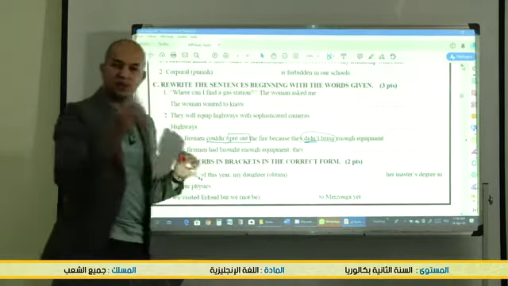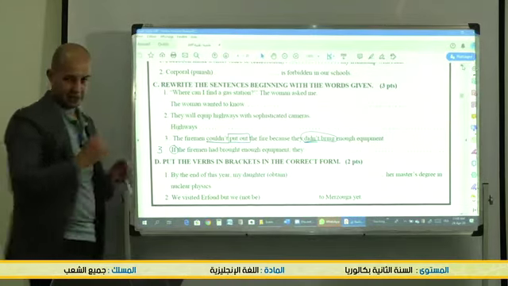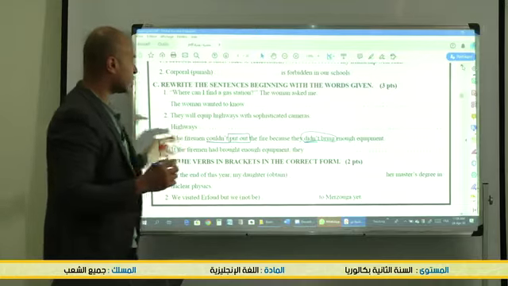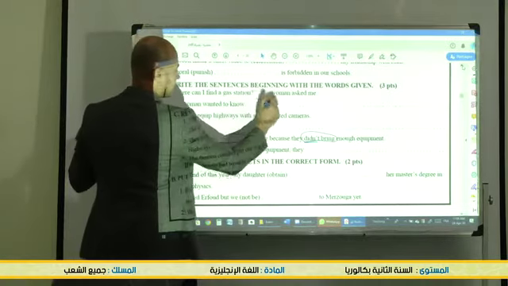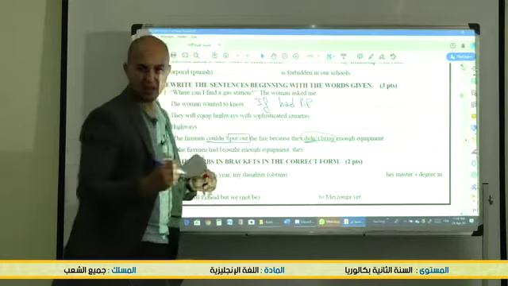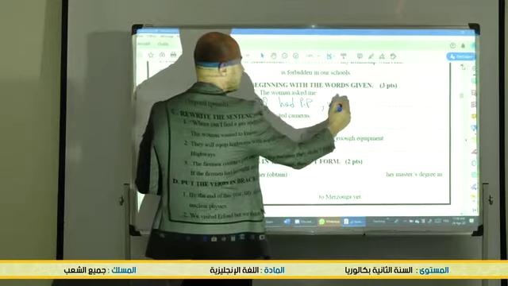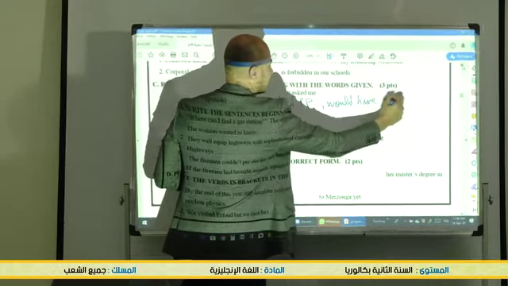So we're talking in the past. So this is conditional type 3. Okay? Now, conditional type 3, what is the rule? We have "if" and the past perfect. Then in the second part, we use would, have, and past participle.